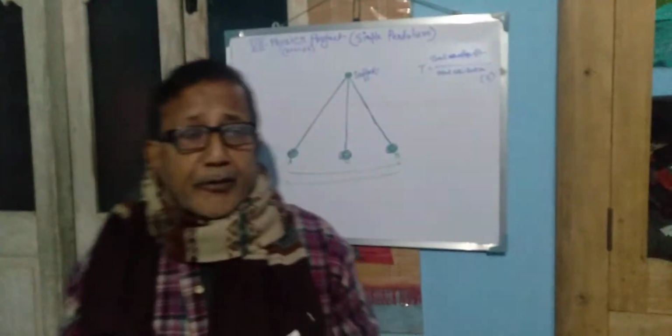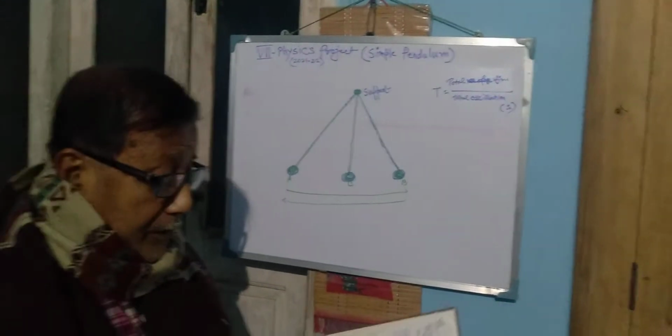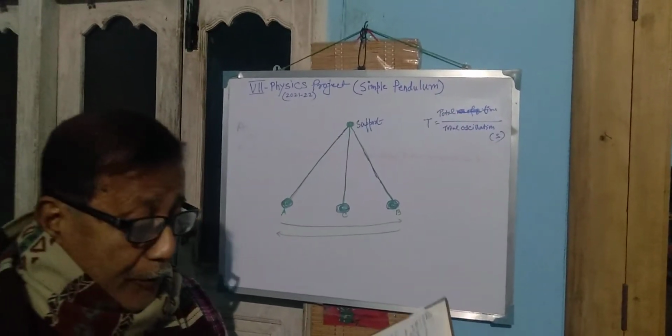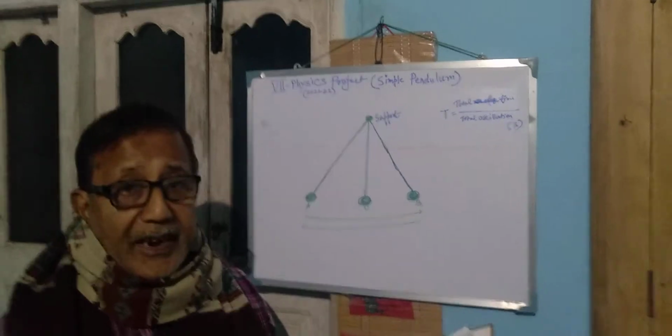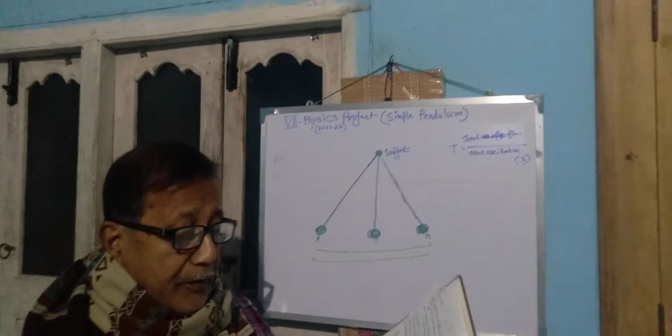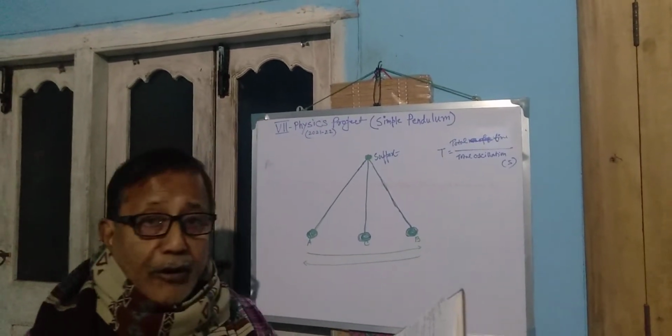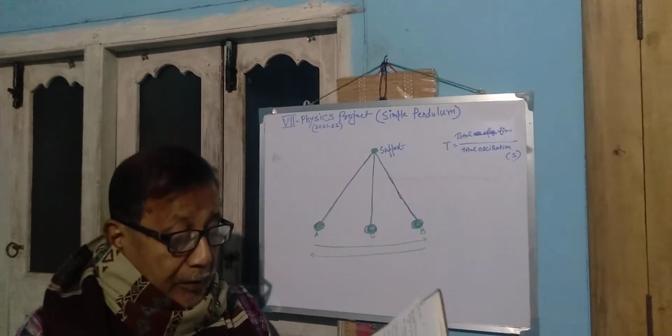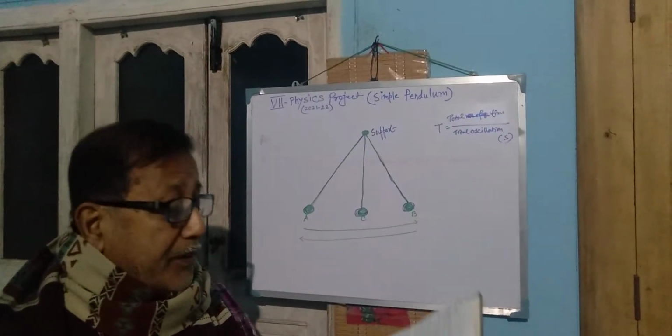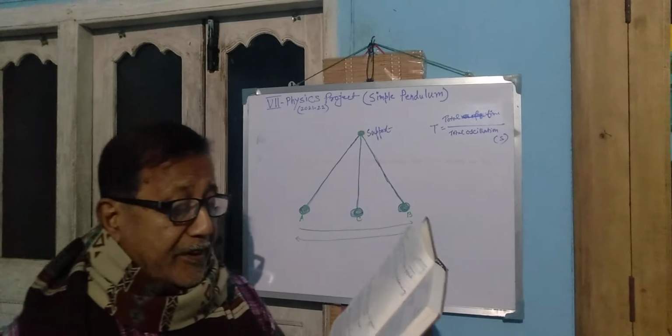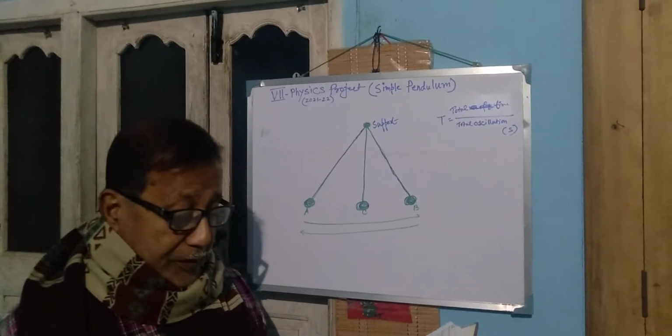Now you have got two things. You have counted 10 complete oscillations, and also you have recorded how many seconds it has taken for 10 oscillations.